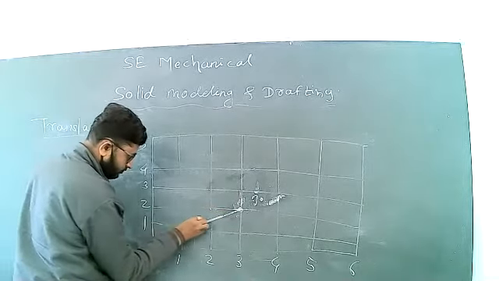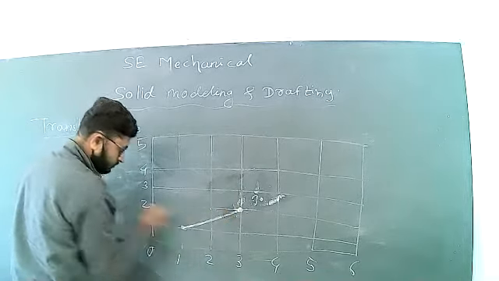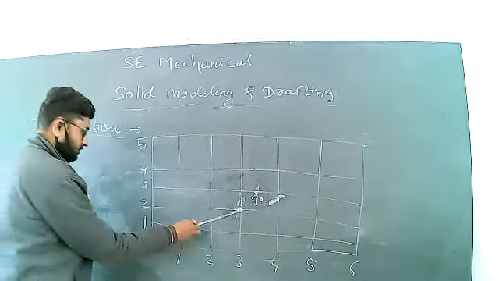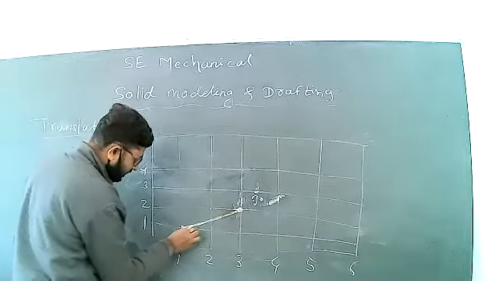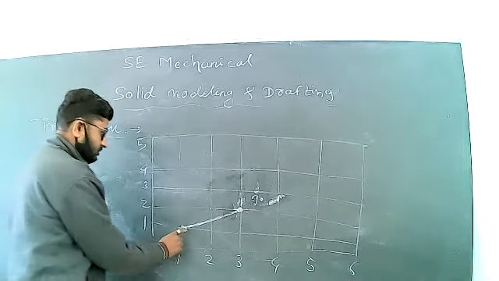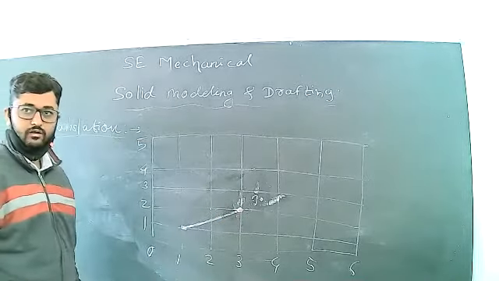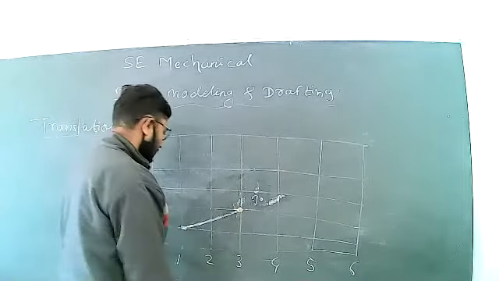Suppose this line is formed by joining two points, that is this point and the second point, at point 1 and at point 3.